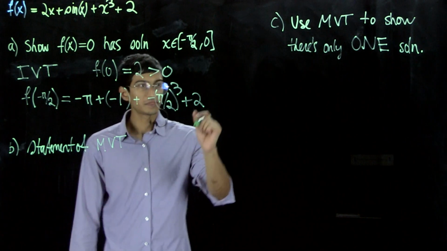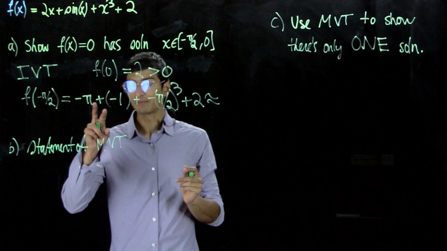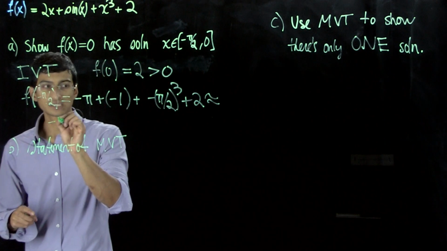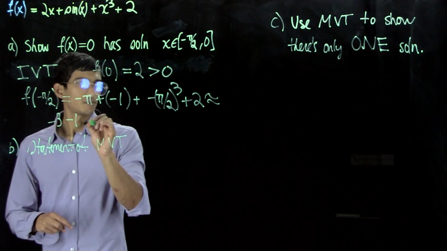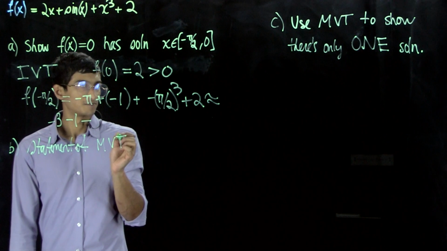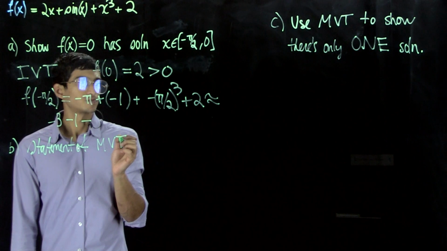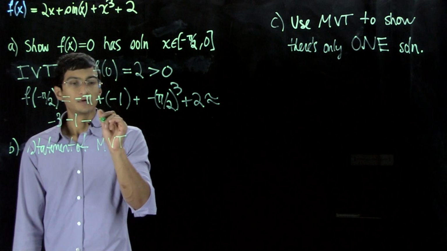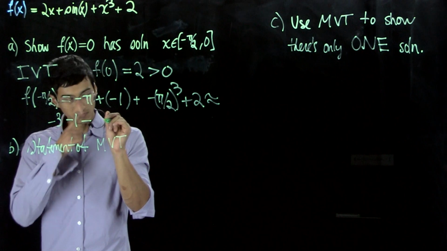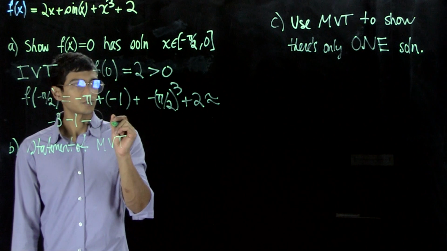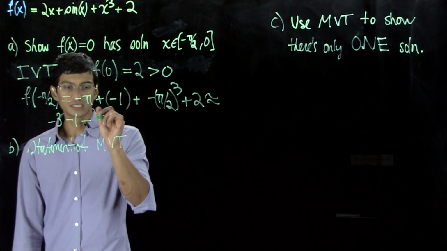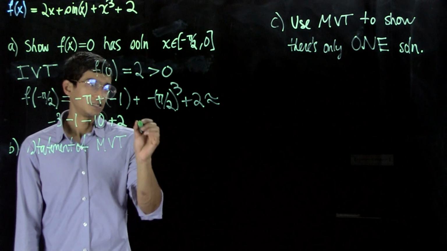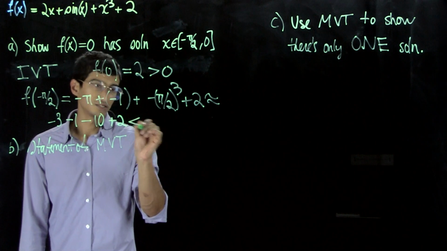So this is approximately equal to, if I set pi equal to 3, minus 3, minus 1, minus something close to 10, plus 2, but it's something that is less than 0.